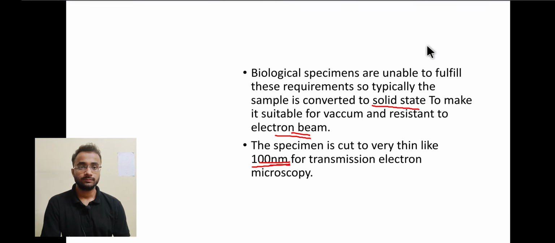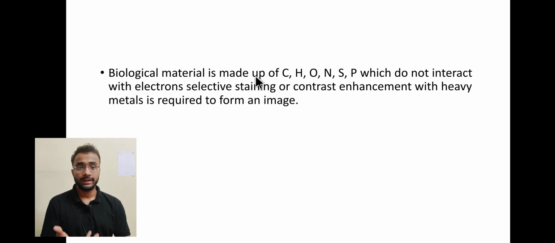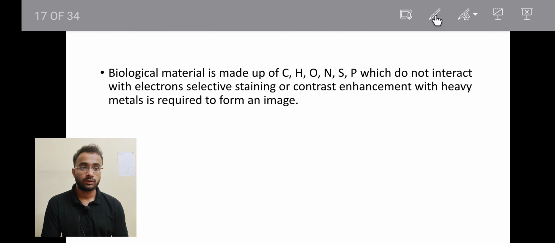Biological material is made up of C, H, O, N, S, P: carbon, hydrogen, oxygen, nitrogen, sulfur, phosphorus, which do not interact with electrons. This is a very important point. So we have to stain it, or do contrast enhancement with a heavy metal, to form an image.